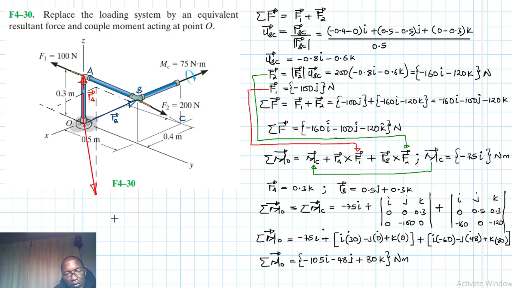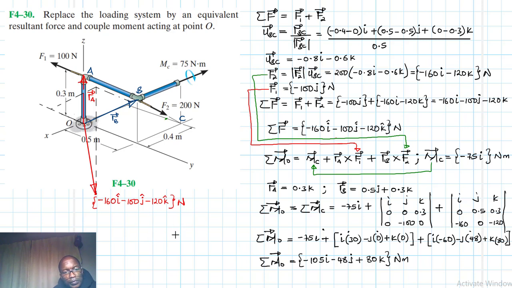And this resultant force is equal to minus 160 I minus 100 J minus 120 K. Okay, there we go.